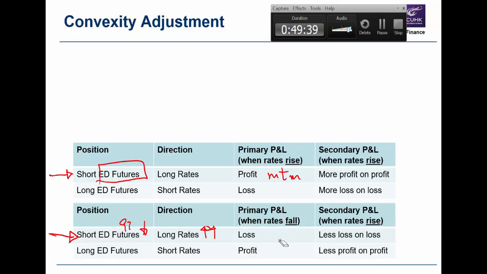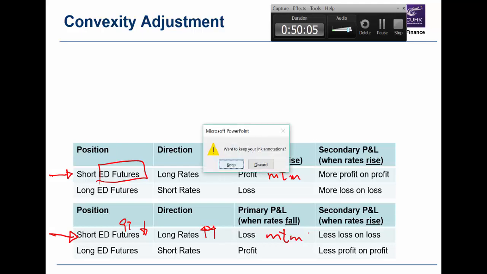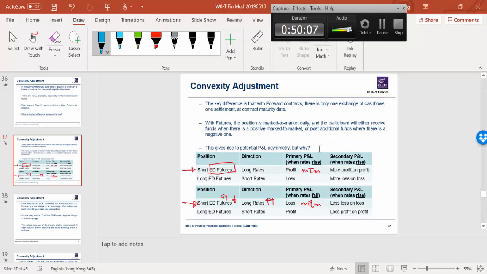So rates are falling and you have a mark-to-market loss. So now you need to borrow money from somewhere in order to put it into the winner's account. So this one should say fall, not rise.